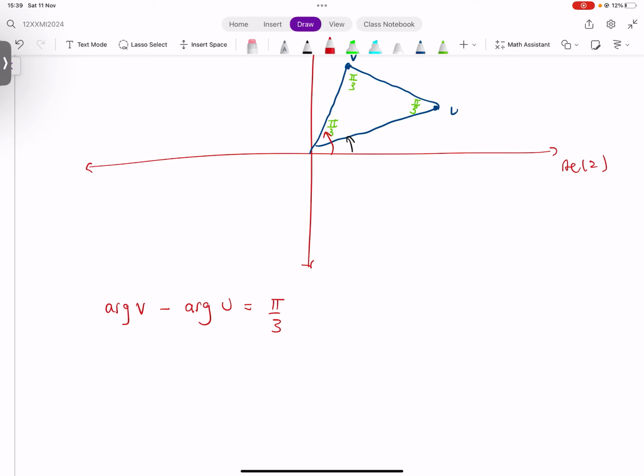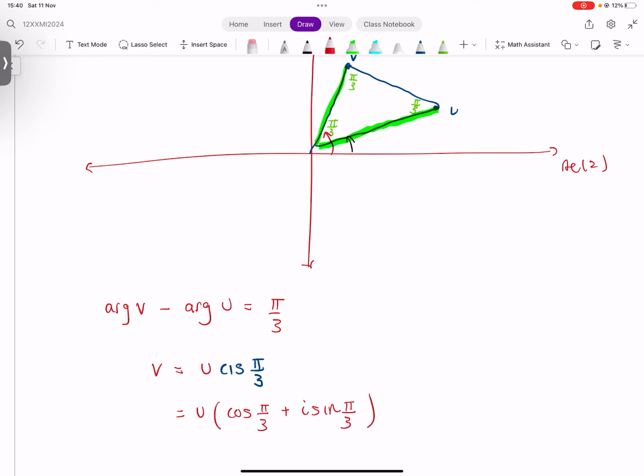And because of that, if we get the complex number V, well, it's simply going to be U, which is this one here, times by cis of pi on 3, and that would get us up to there. So V is U times cos of pi on 3 plus i sine of pi on 3.